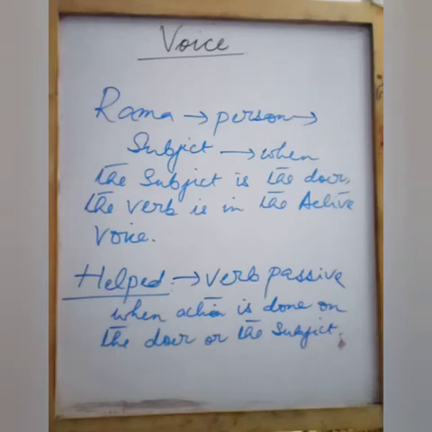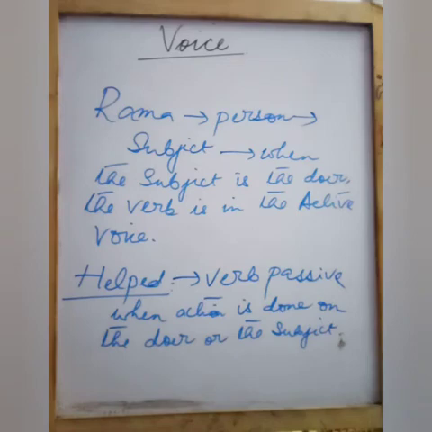That means Rama does something. Rama is the subject or the person, isn't it? So he does something. So that verb helps, in the first sentence, is in the active voice. Fine. Now in sentence 2, what is happening? In sentence 2, the form of the verb shows that something is being done to the person that is denoted by the subject.